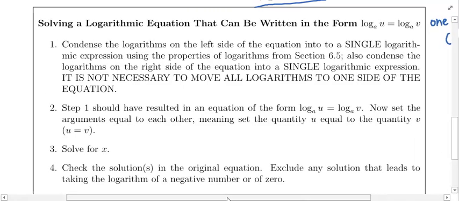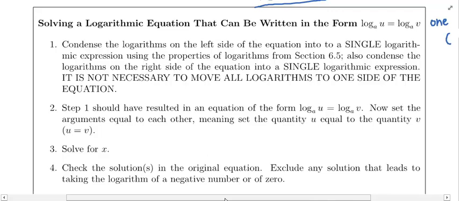So let's read through the directions for this particular situation and then do some examples. In step 1, you're going to condense the logarithms on the left side of the equation into a single logarithmic expression using those three major properties of logarithms from section 6.5. You're also going to condense the logarithms on the right side into a single logarithmic expression.